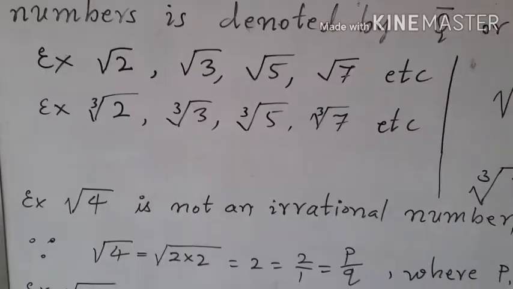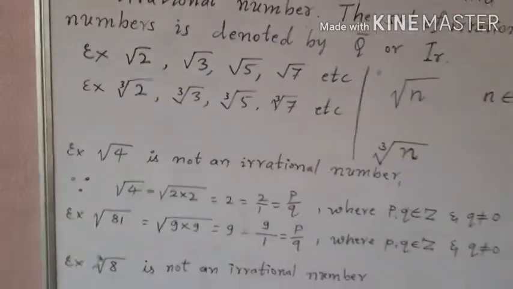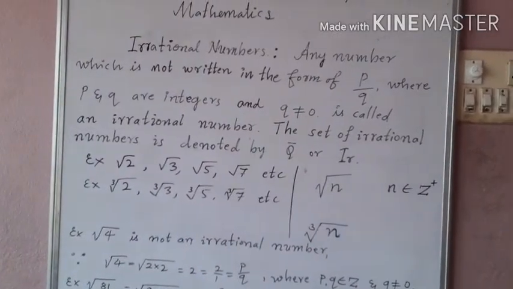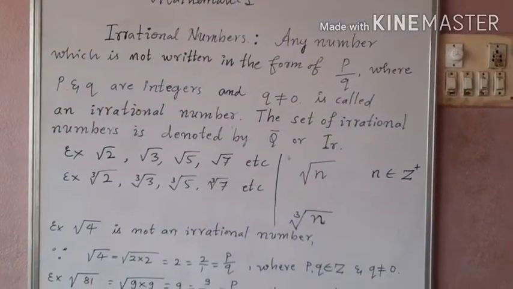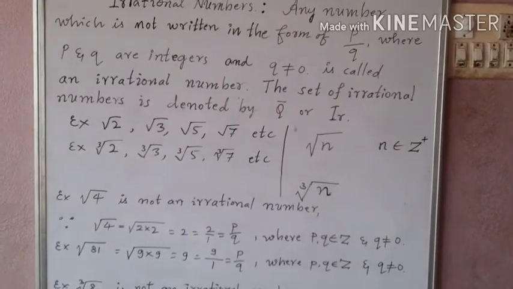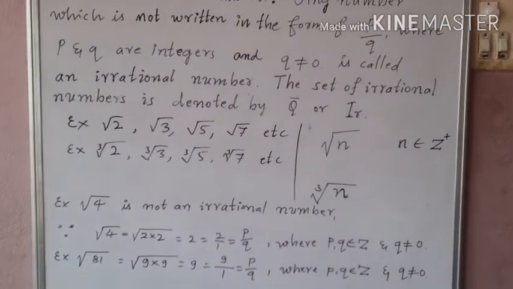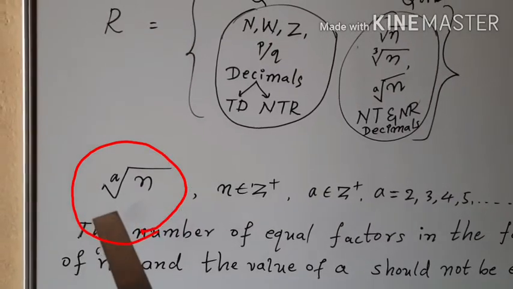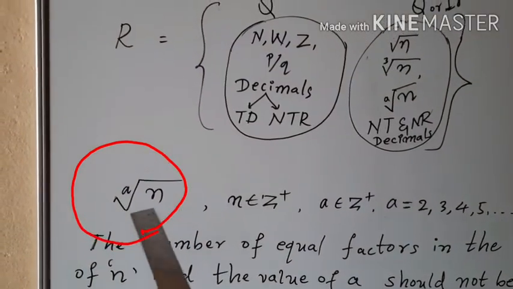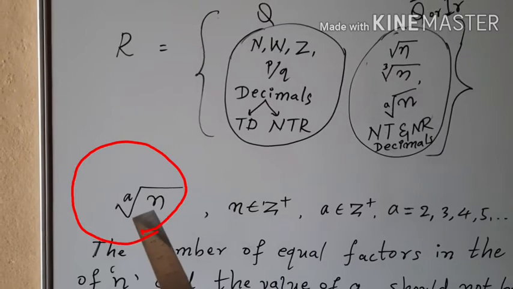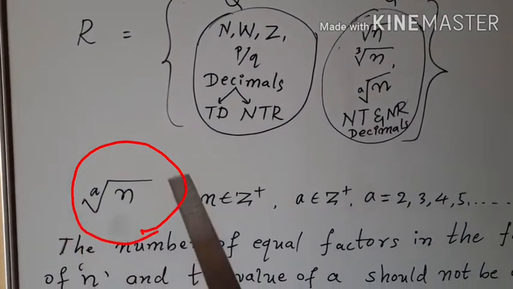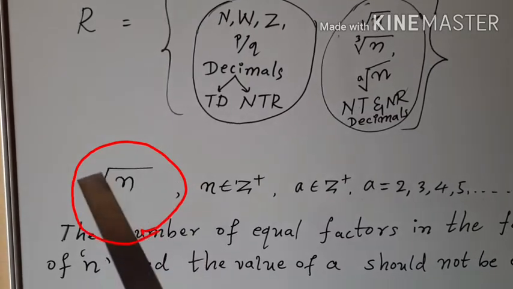Okay, hope children, today you learned what are irrational numbers and the conditions for a given number to call it an irrational number. Here we can conclude that this is a general form of an irrational number, that is ath root of n, and there are conditions.